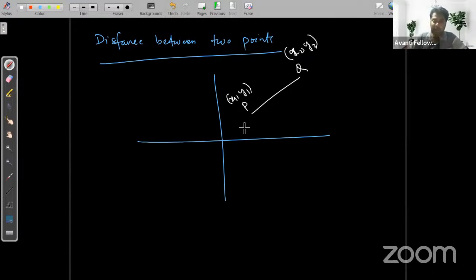These can also be represented as complex numbers, Z1 and Z2. Now, if I ask you to find the distance between these 2 points P and Q, or the distance between these two complex numbers, what will happen?